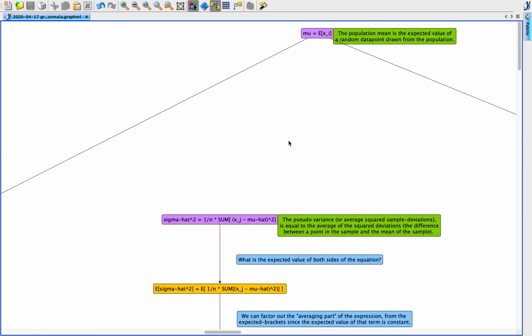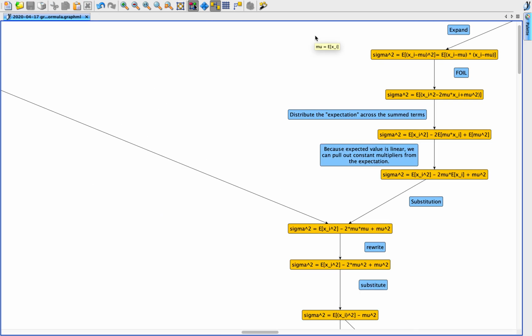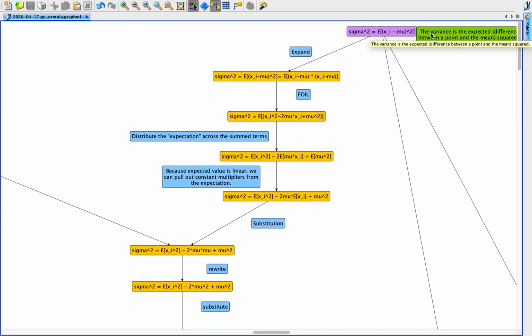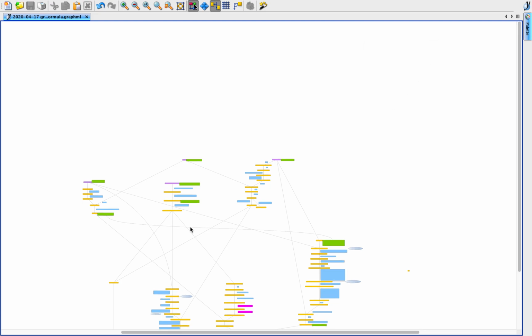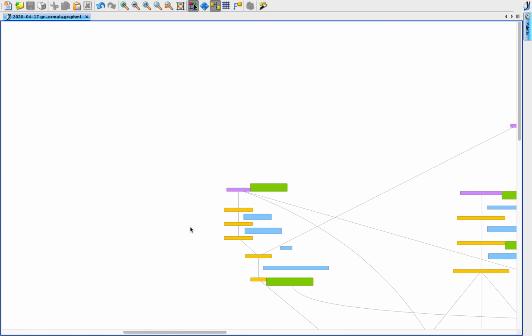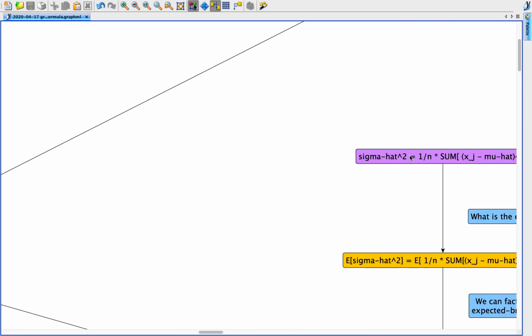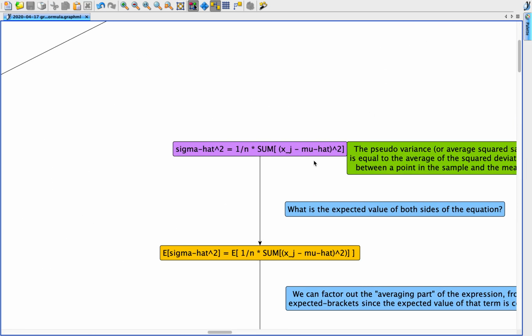The way this is going to work is I'm going to start with some axioms, some definitions, basically. These are in purple. Maybe I should describe how this graph works. There are a few colors here. Purple is for definitions, so these are how we're defining things.